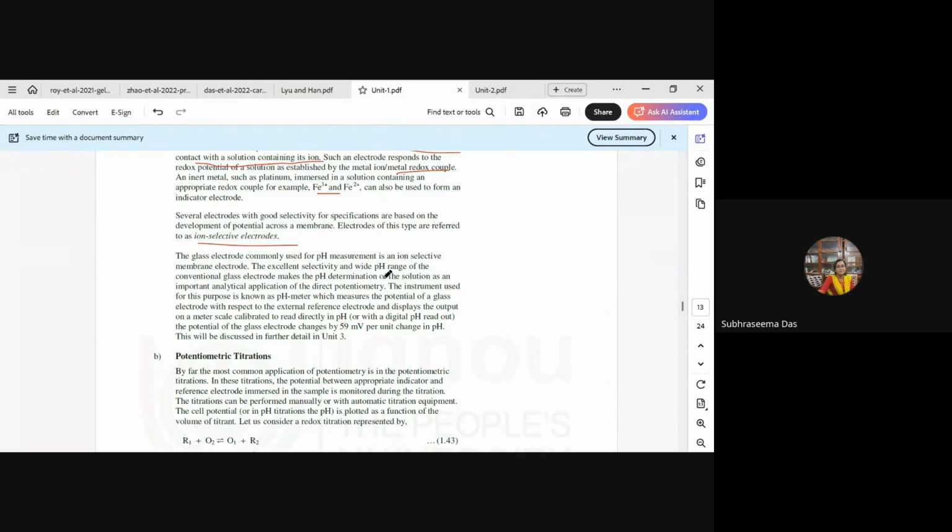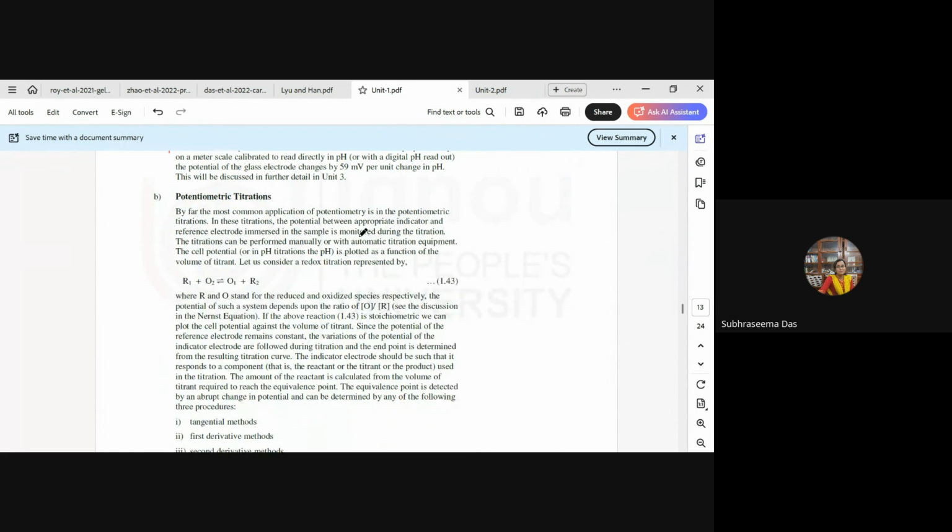The stability and wide pH range of this conventional glass electrode make pH determination an important tool in analytical chemistry. The instrument used, the pH meter, measures the potential of the glass electrode with reference to the external reference electrode and displays the output digitally. This part will be discussed later in the next unit.